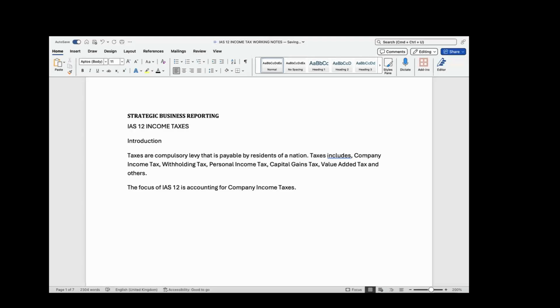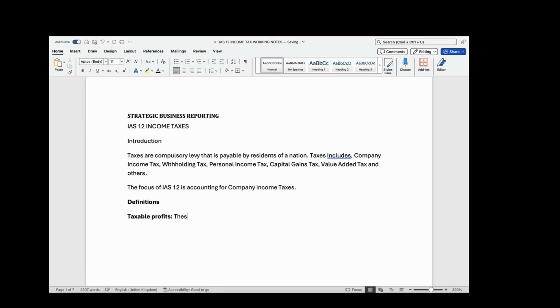Now, having identified that the focus of this standard is company income taxes, let's establish some ground rules, some definitions that will be very important to us all through our study of IAS 12. The very first of these is something we call taxable profits.